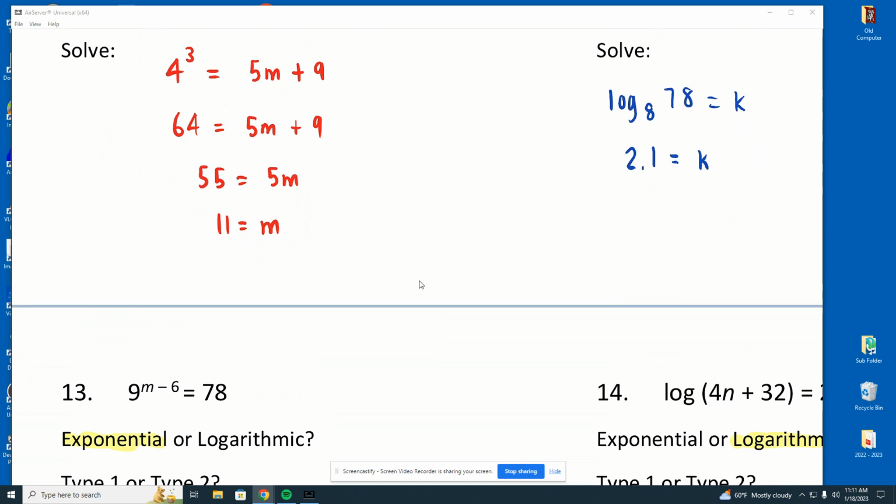No. Because if you type this in your calculator, don't you get 2.09513? Yes. So if I'm rounding to 2 decimals here, this 5 rounds that up to a 10. So it would move it to 2.1.